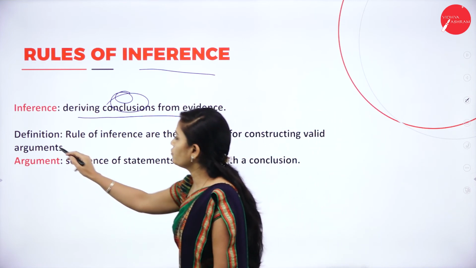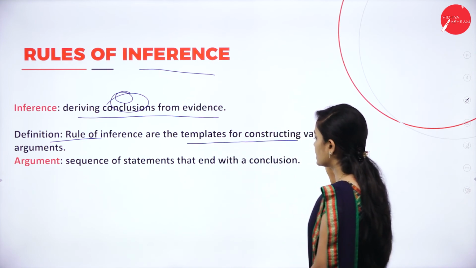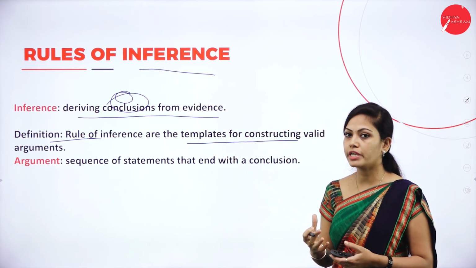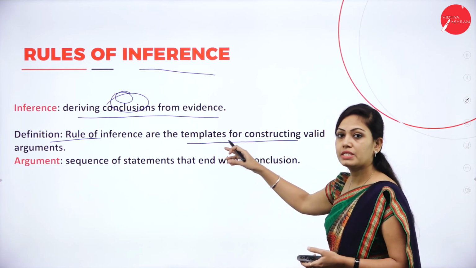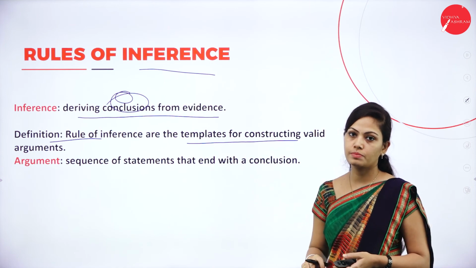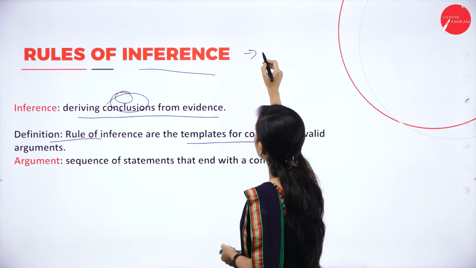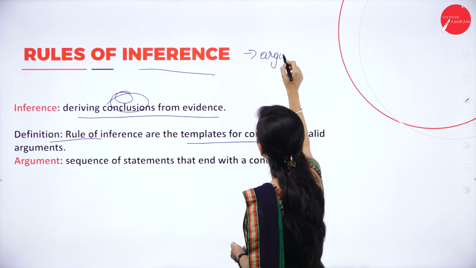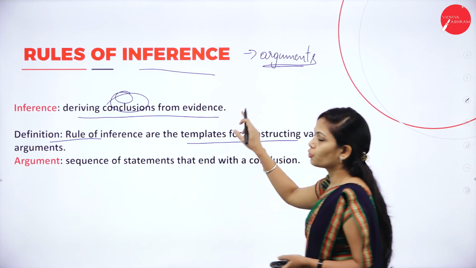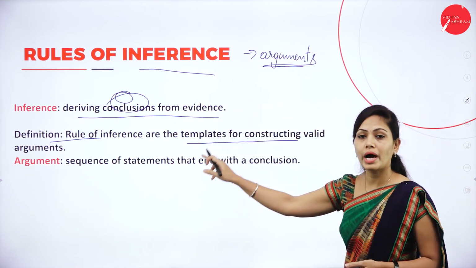So the definition of rule of inference: rules of inference are the templates for constructing valid arguments. So what is a rule of inference? It is a template for constructing valid arguments. In rule of inference, we are constructing the valid arguments.